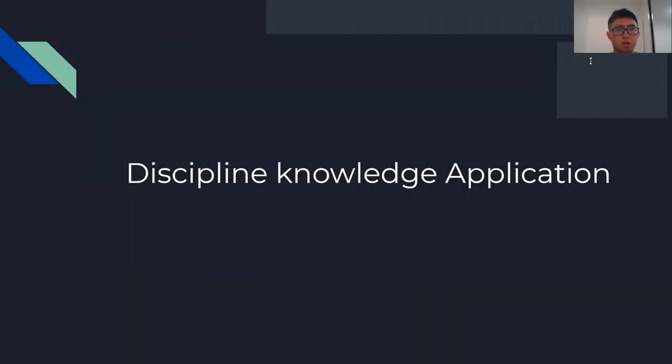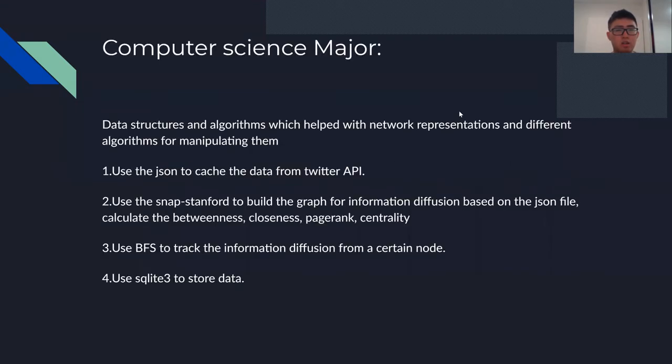Next, I'm going to talk about the discipline knowledge application from my major. As a computer science major student, I use the data structure and algorithm which help the network representation and different algorithms for manipulating them. Knowledge including using the JSON to cache the data from Twitter API.